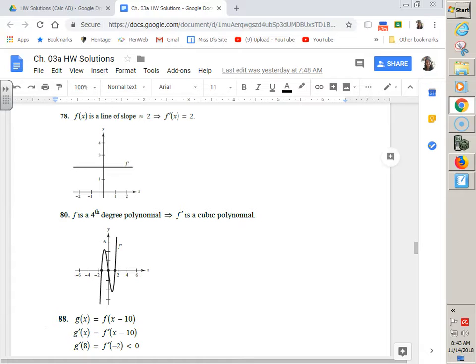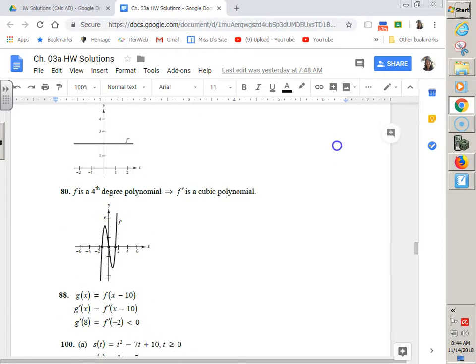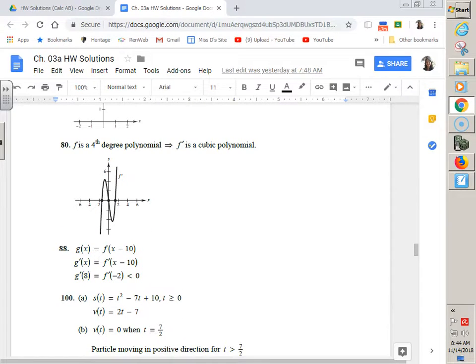F prime is going to be a cubic if the original is a 4th degree. You don't have to say like, oh, I went as high or as low as they did, because to be honest, you probably wouldn't know. But you could be like, oh, it was a cubic. It was some sort of swoop, swoop, swoop. And that has to do with the function was decreasing, so f prime was negative. The function was increasing, going steeper and steeper, and then less steep, less steep.